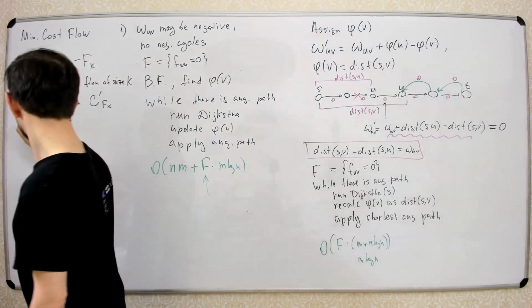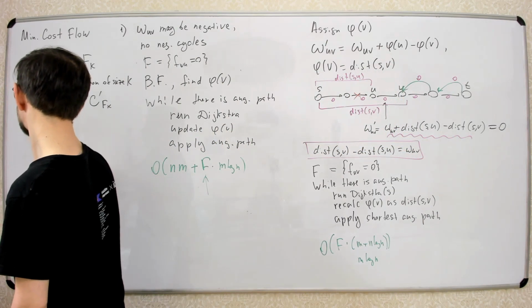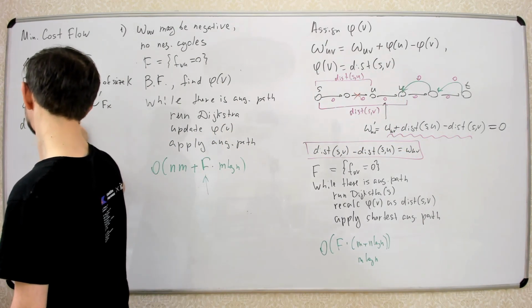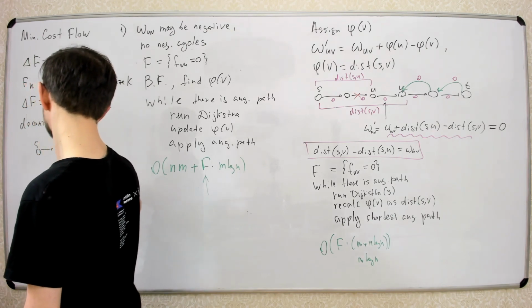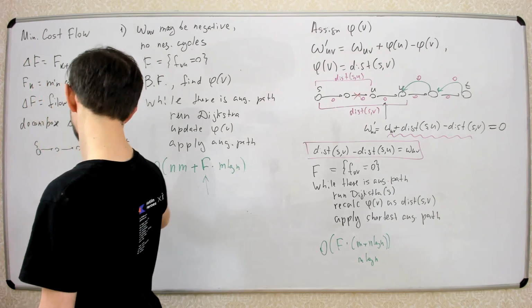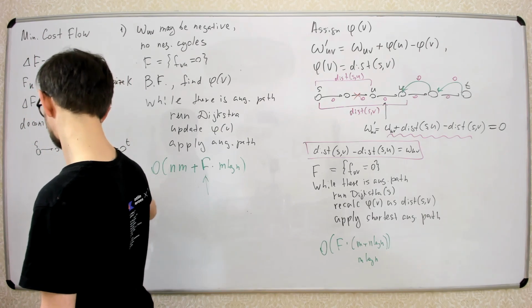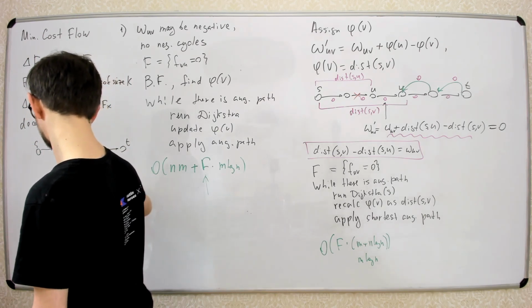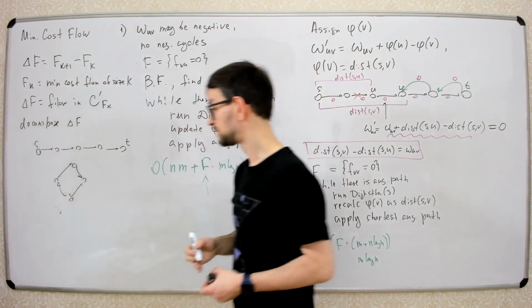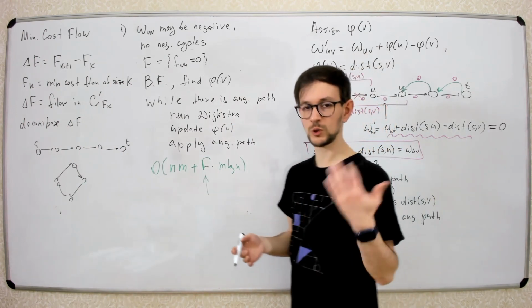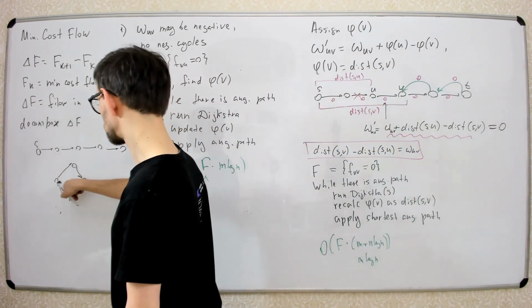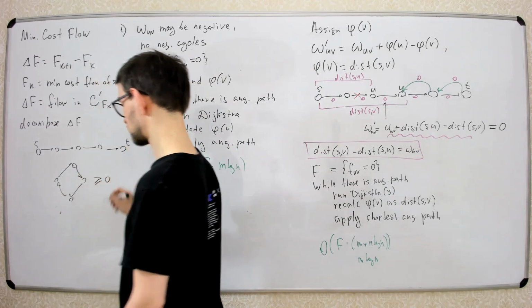So let's decompose this delta f. We'll have one path plus some cycles. All the cycles have non-negative costs because we don't have any negative cycles.